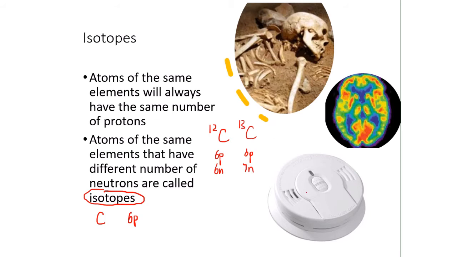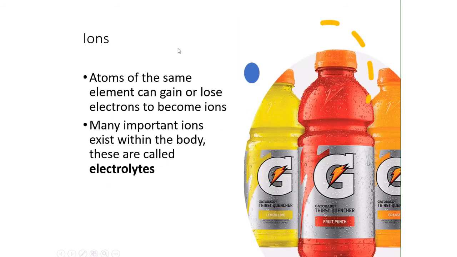Your smoke detector actually has radioactive isotopes in it in order for it to work, and we can also use radioactive isotopes to detect brain tumors in imaging techniques, and we can use them to even treat some forms of tumors, such as those in the thyroid, for example. So radioactive isotopes are quite important for many reasons.